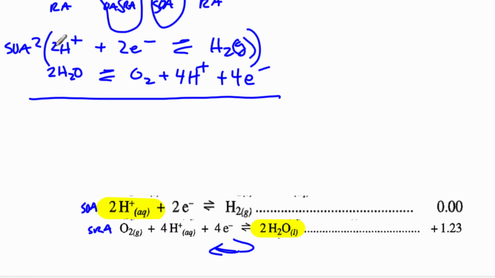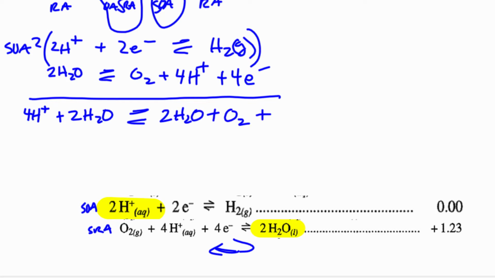So now I just have to multiply everything inside here by 2, so that'll be 4 H pluses. Electrons cancel, and 2 waters. Notice I don't have to multiply this one by 2 because it already has 4 electrons. Is in equilibrium with, on this side I have 2 waters plus O2 plus 4. Well, that's not a water, that's hydrogen gas.